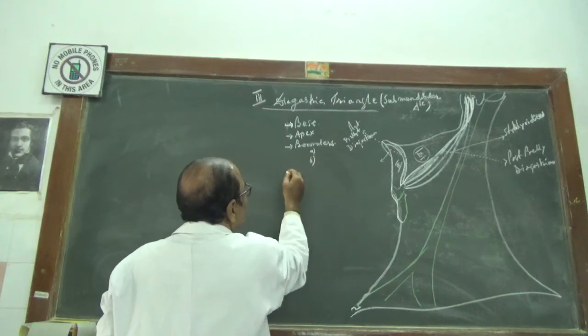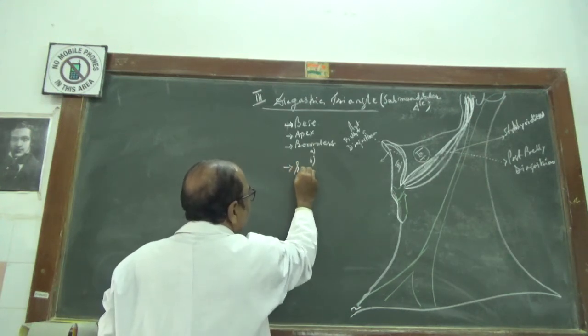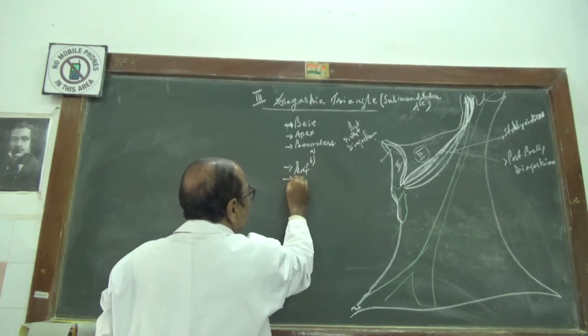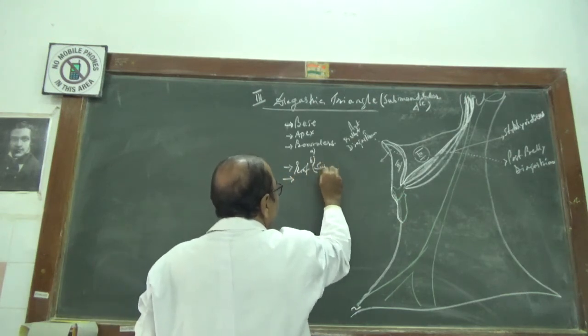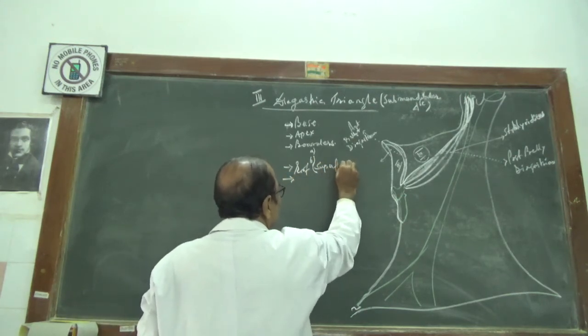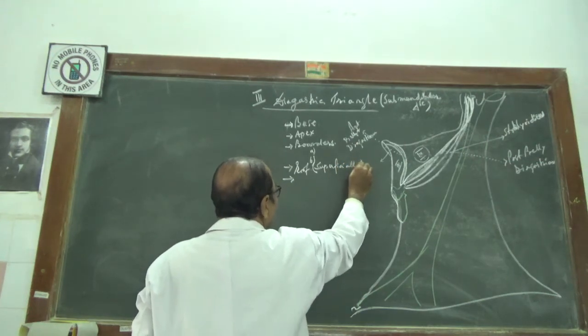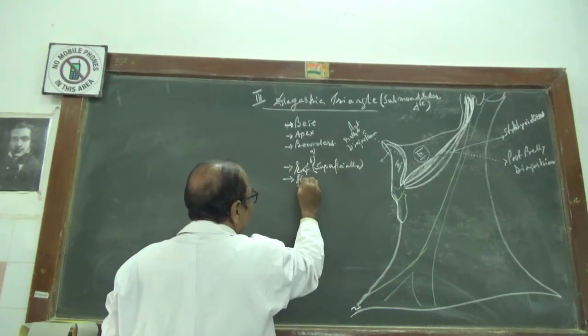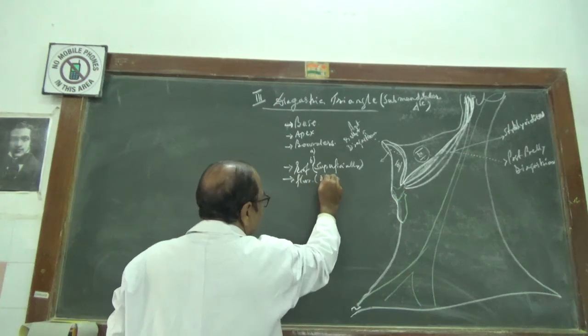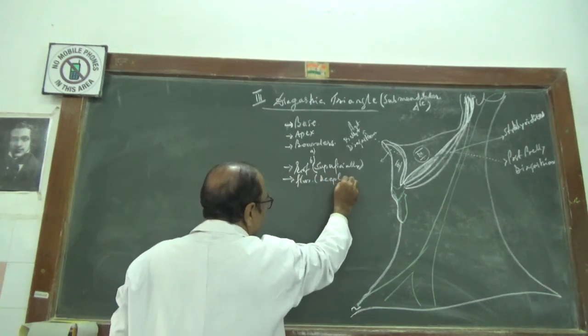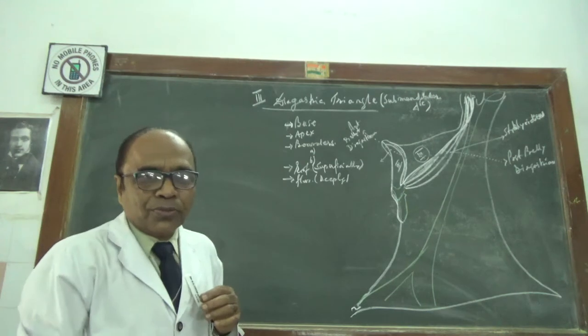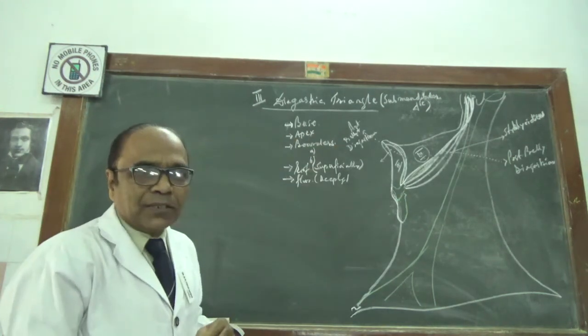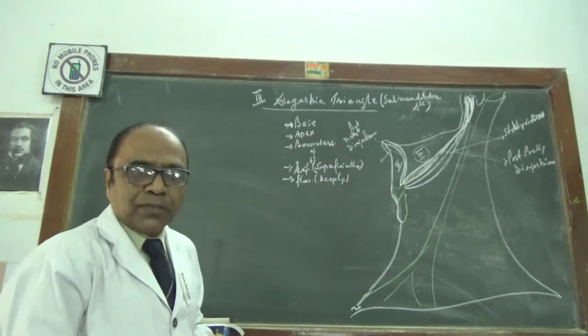Then you have the roof, superficially, and then the floor, which is termed deeply. So these are the things you should know. After that, you should know the contents, what the triangle is meant for.